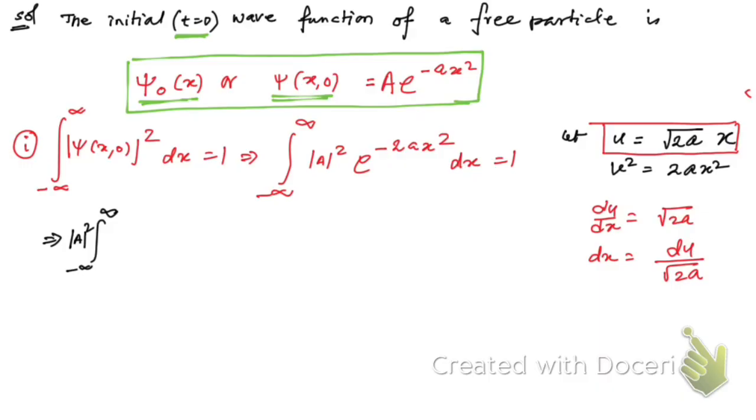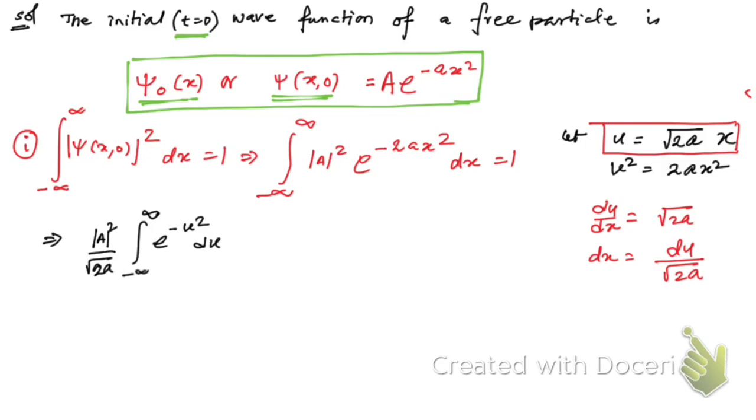It is constant, so it can be taken outside the integral, e to the power minus u square du divided by root over 2a, which can be written outside the integral as well. So it can be written this way, right?